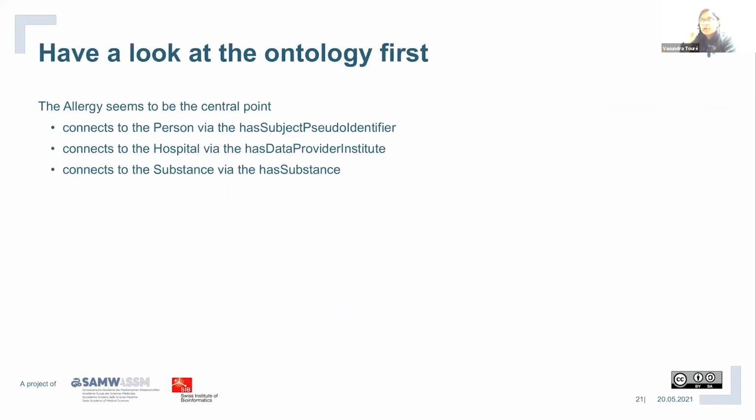And when we look more closely at the ontology, this was already shown before, the allergy seems to be the central point of the schema, because it connects to the person via the has subject pseudo identifier property. It also connects to the hospital via the has data provider institute property, and it also connects to the substance via the has substance property.